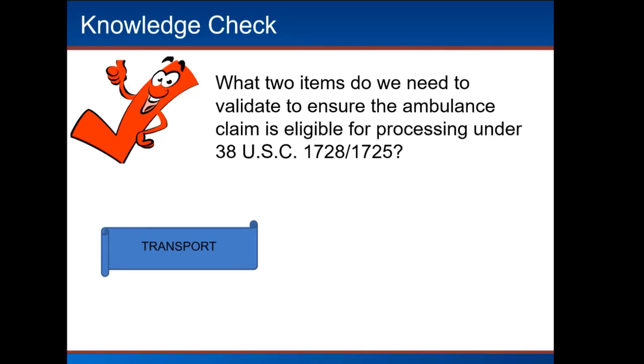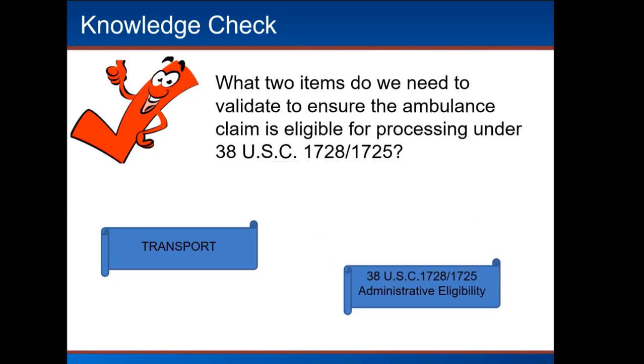We need to identify the transport to ensure the drop-off location was a non-VA emergency facility. And then we need to confirm that the rest of eligibility is met under 1728 or 1725.